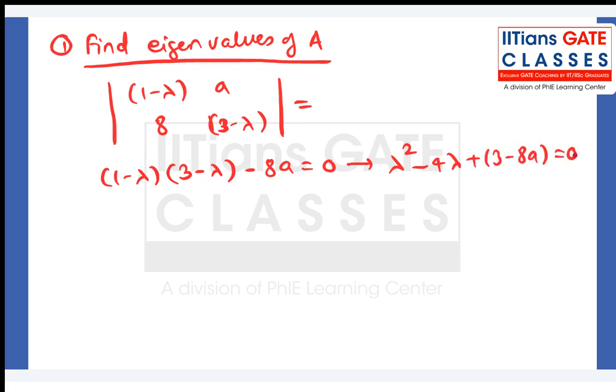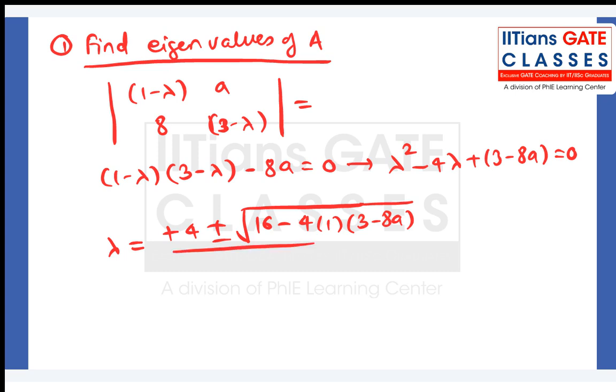So you need to find lambda. This is a quadratic equation, and we know how to find the roots for such equations. That will be minus B, so this becomes plus 4, plus minus square root of B square minus 4AC, by 2 into 1, because A is 1.